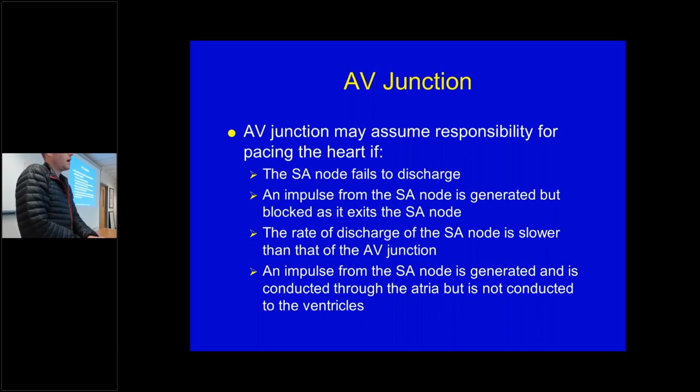And if the AV node is excited and for whatever reason starts a rate higher than the SA node, it'll take over, right? If the SA node drops below the rate that the AV node would be, then the AV node will just pick it up. Yep, the AV node will pick it up.